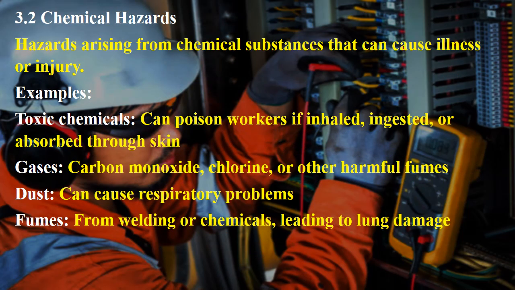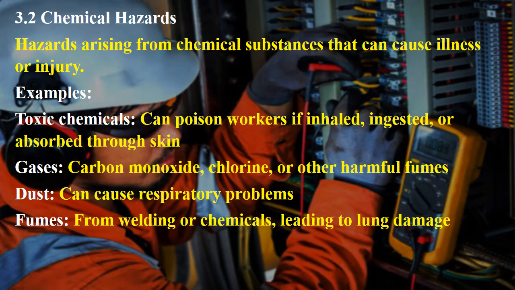Chemical hazards arise from chemical substances that can cause illness or injury. Examples of chemical hazards: toxic chemicals can poison workers if inhaled, meaning breathed in, ingested, or absorbed through the skin.